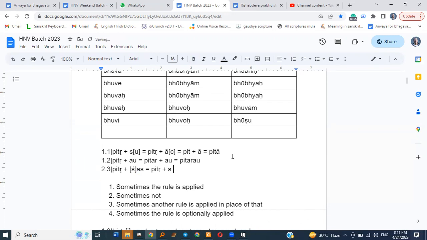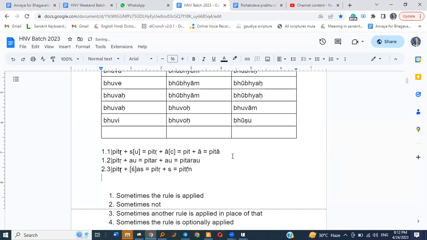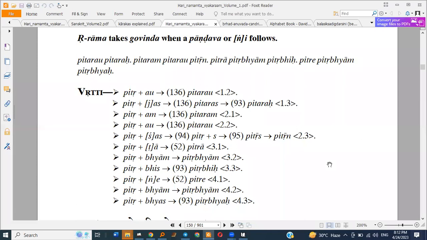Then Dashavatara is Trivikrama Shasi. When Shasi is falling, then the Dashavatara becomes Trivikrama, and then the Sa becomes Na. So we get Pitrin. Pitrin Yanti Pitri Britaha, right? In Bhagavad Gita.